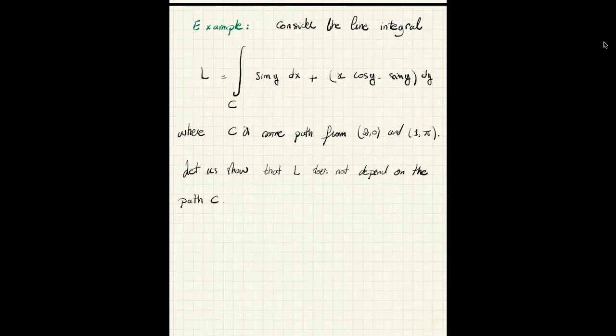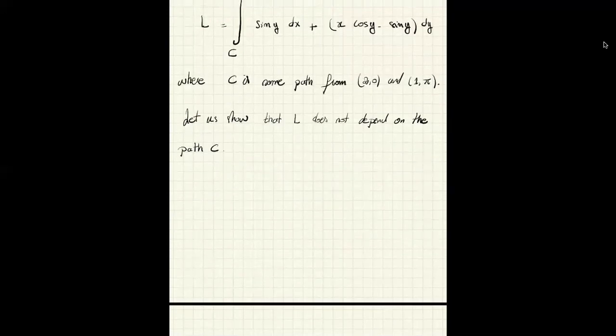Well, use the theorem, but you have to make sure that the theorem applies, which means that the region you're applying your theorem to has no hole and it's open. But in general, it's not going to be that hard.